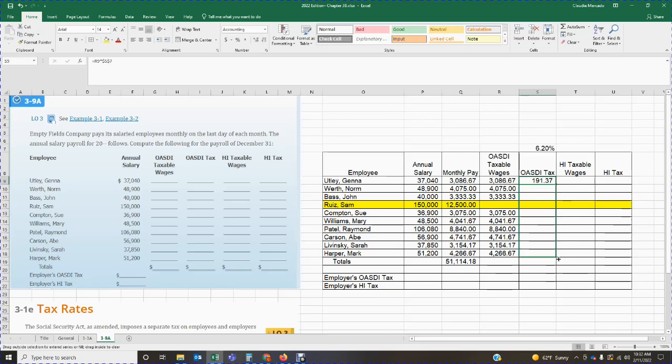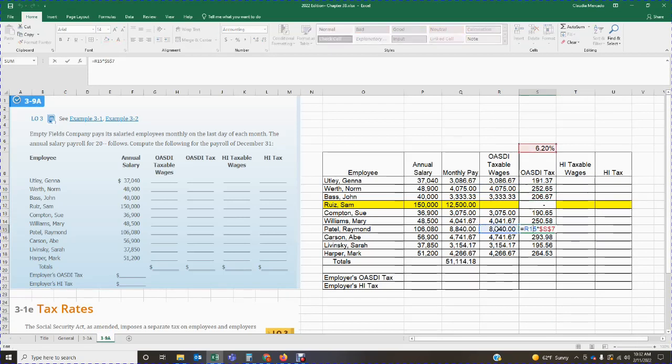You scroll it down, and it's going to give you the taxes for all of your employees. So what does it do? The formula multiplies your taxable wages times your tax rate. That's all it does.